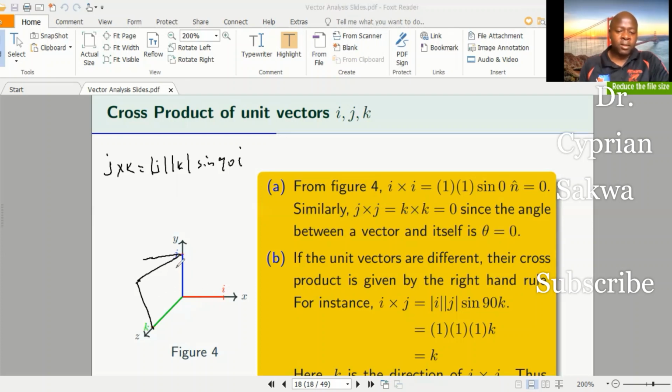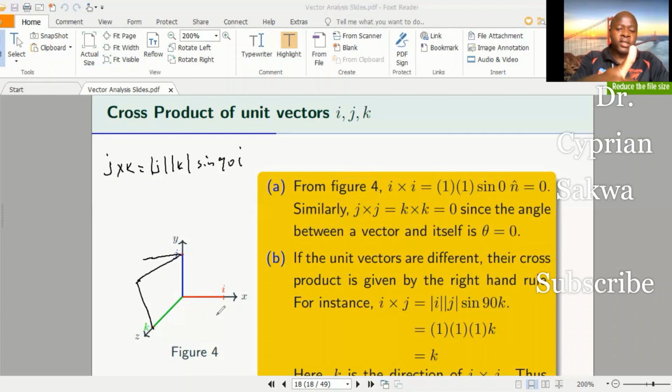Of course, you can still use the right hand rule, where your thumb will be facing J and your first finger faces K, and you fold the other fingers, and their direction will be facing in the I direction.